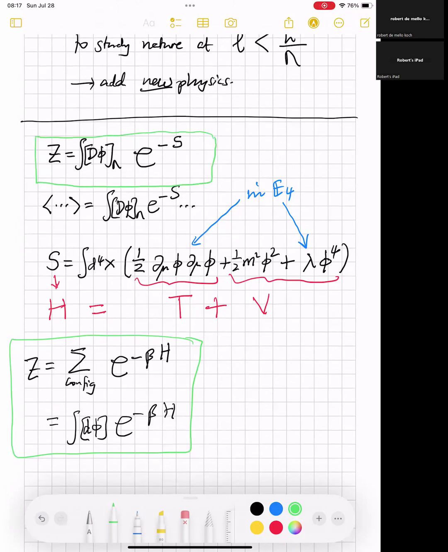Let me just make that analogy even tighter. If we were to put h bar back into this formula, we'd have e to the minus S over h bar. So S over h bar, you should be comparing to beta H, but remember that beta is 1 over the temperature.